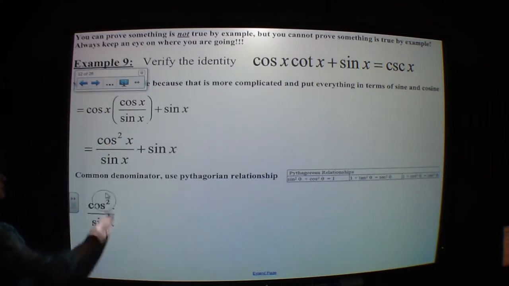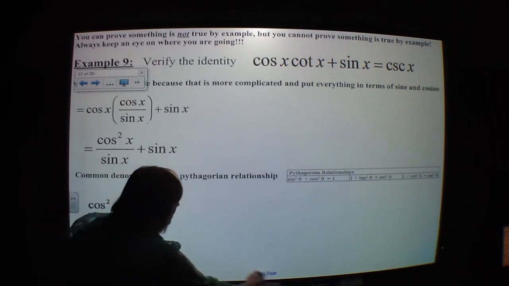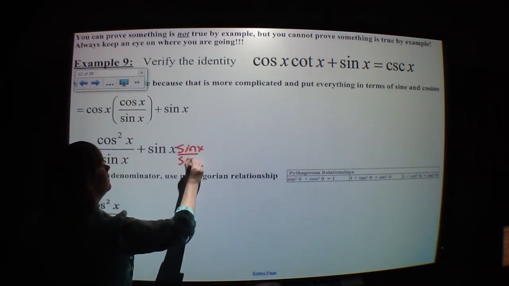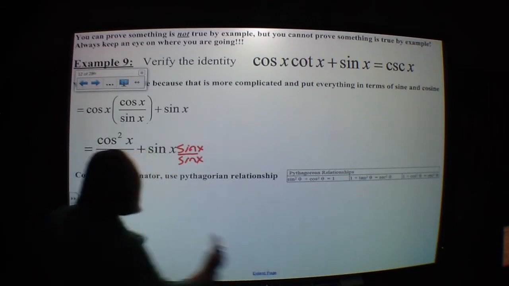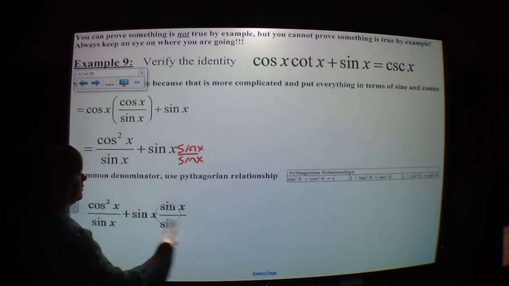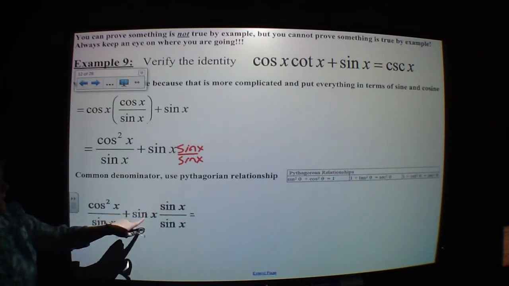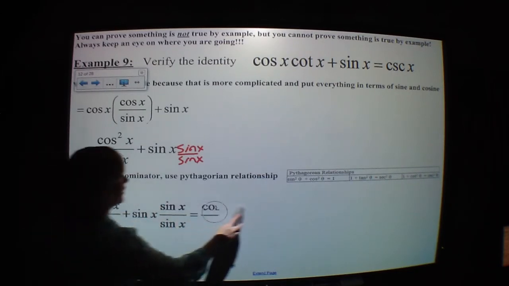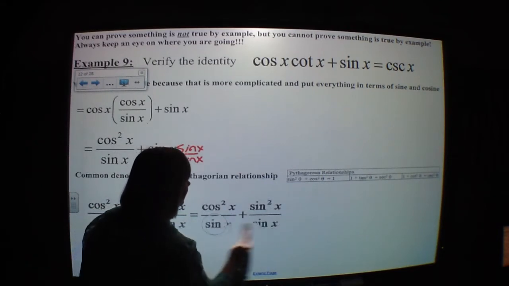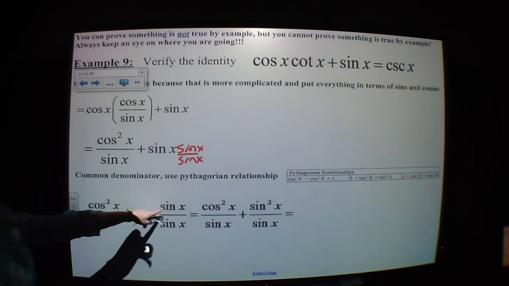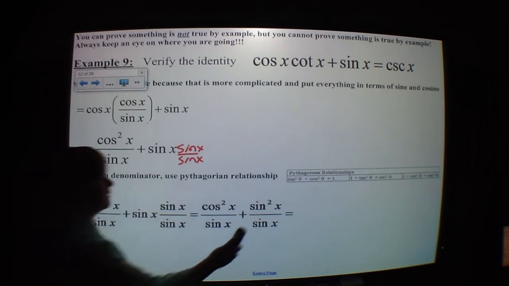So I have cosine squared of x over sine of x, plus, if I multiply this side by 1, but I'm going to call the 1 sine of x over sine of x, so that's what I just did, this will end up to be sine times sine, which is sine squared over sine. So I have my common denominator now. So I have cosine squared plus sine squared all over my common denominator.